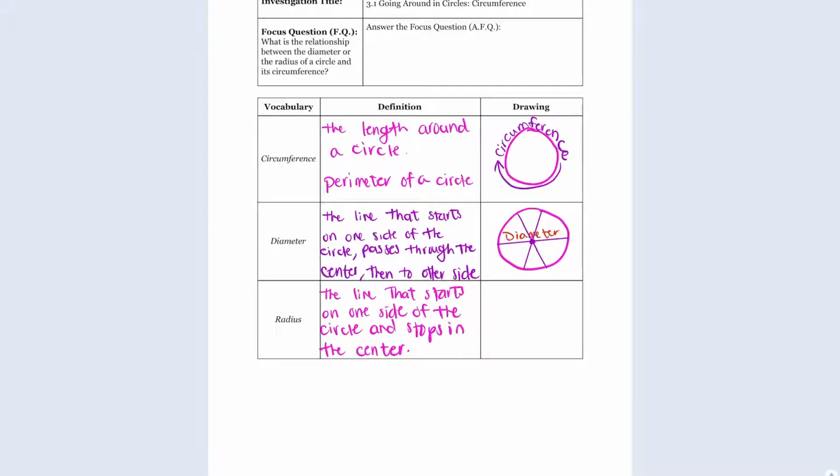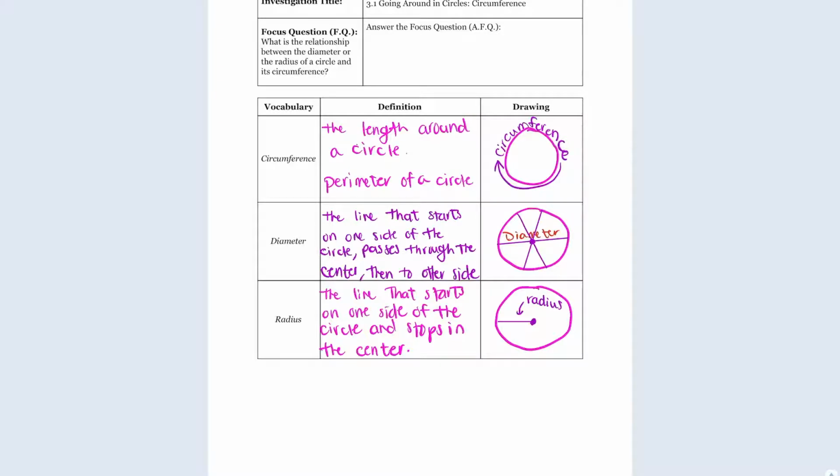So we'll draw our circle again. Draw the center of your circle, and then the radius is going to start on one side of the circle and travel to the center. So this right here is my radius.